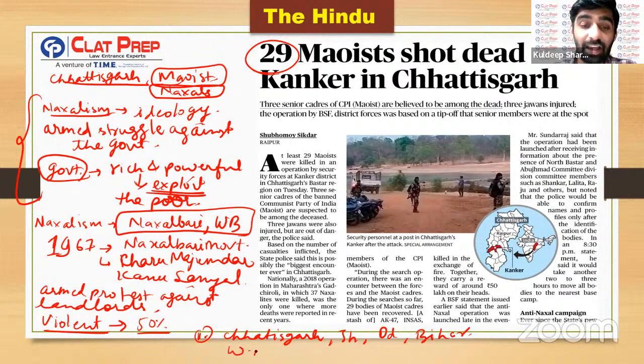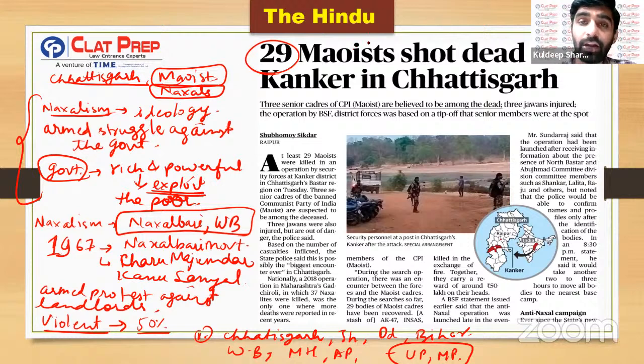Apart from it, it still exists in its origin state of West Bengal, and parts of Maharashtra and Andhra Pradesh. And at the third step, to a very limited extent, it can also be seen in the states of UP and MP. Very few districts are affected by the Naxalism problem in UP and MP. So I hope you have some idea of where this Naxalism problem is going on, and what is the history behind it.